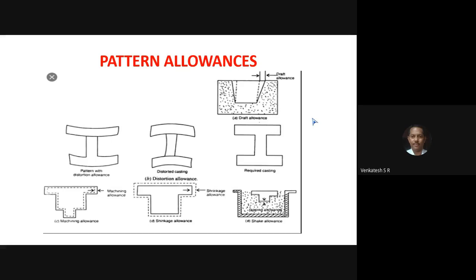The main thing is wax. For mechanical engineers, this is very important. All of you have seen the statues of gods and goddesses and the freedom fighter statues made using bronze. That type of statue is made using a wax pattern. The wax pattern is used in investment casting.